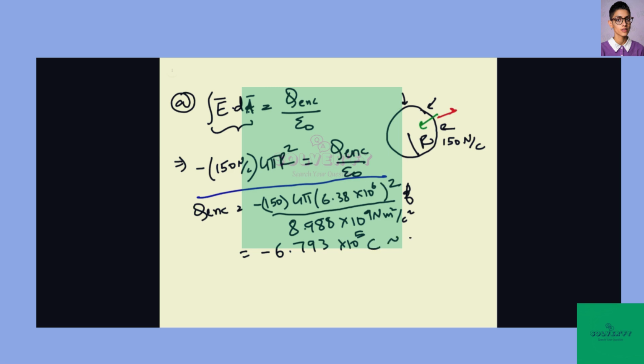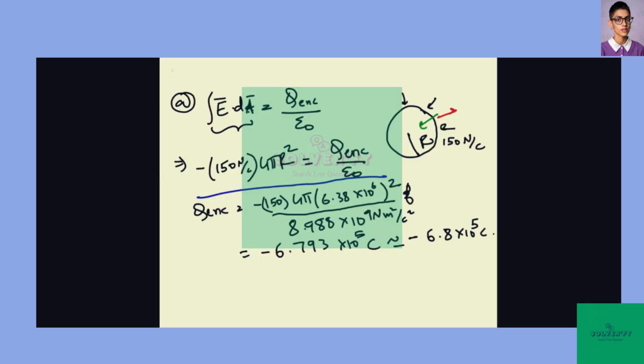We'll say this is almost 6.8 into 10 power 5 coulombs, because the numbers given in the question only have two significant digits.